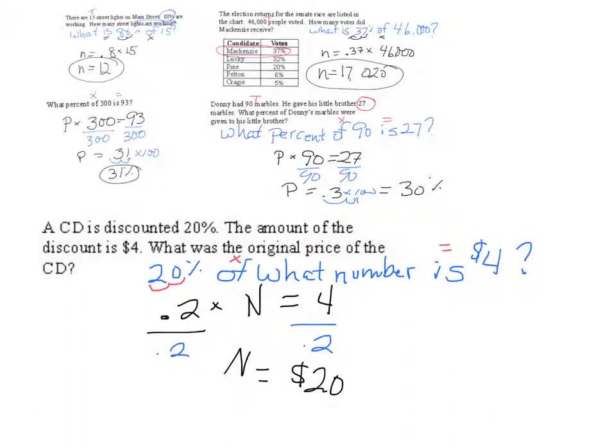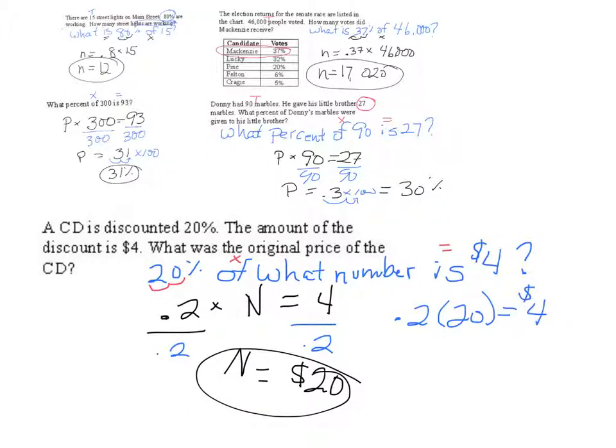Now, if you wanted to check, because you're taking a test and you want to be sure you have the right answer, you can substitute it back into the original equation and make sure it works. So take 0.2 times $20, and I get $4, and I know I'm right. That's a little check step.